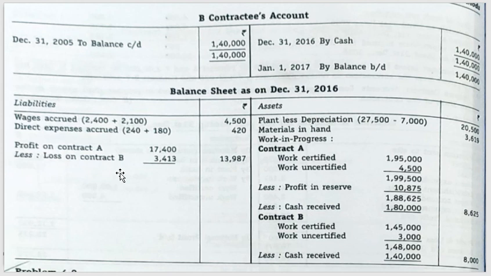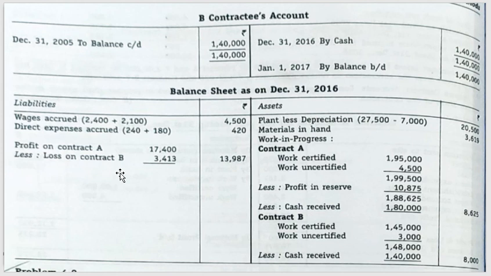So make sure that whatever items is possible for you to show in the balance sheet, please show it. It can be a current asset, it can be a fixed asset, but work in progress calculation is a must to be shown. So work in progress in the sense, work certified plus work uncertified minus the amount which has been transferred to the reserve, and we will minus the cash receipt to find out the balance.